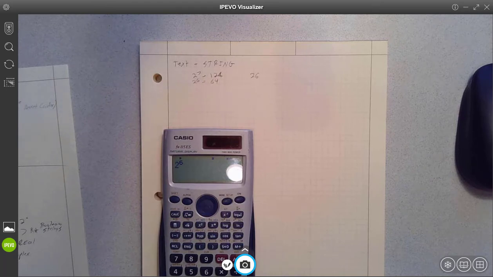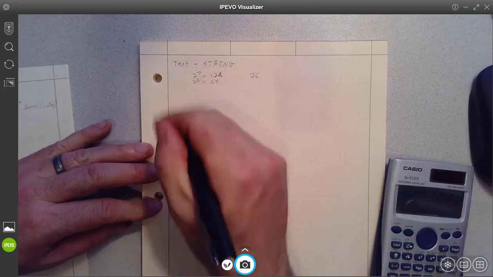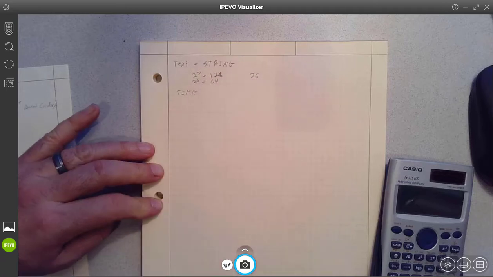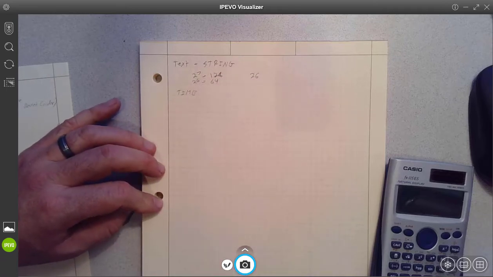So it doesn't have a uniform base that you can easily represent it as. So we usually have a custom time data type that has particular syntax. We'll get into that more in a future lesson, but just know that time is not just a simple decimal number.